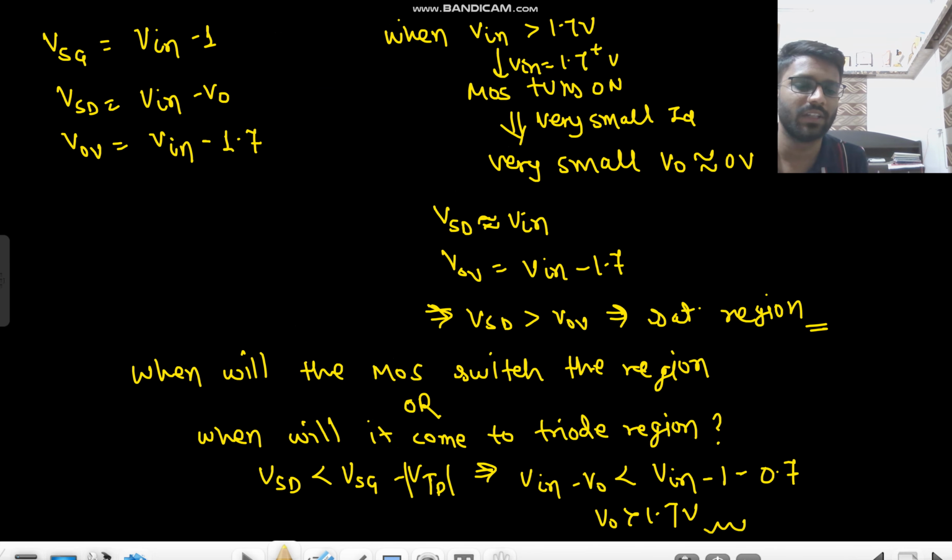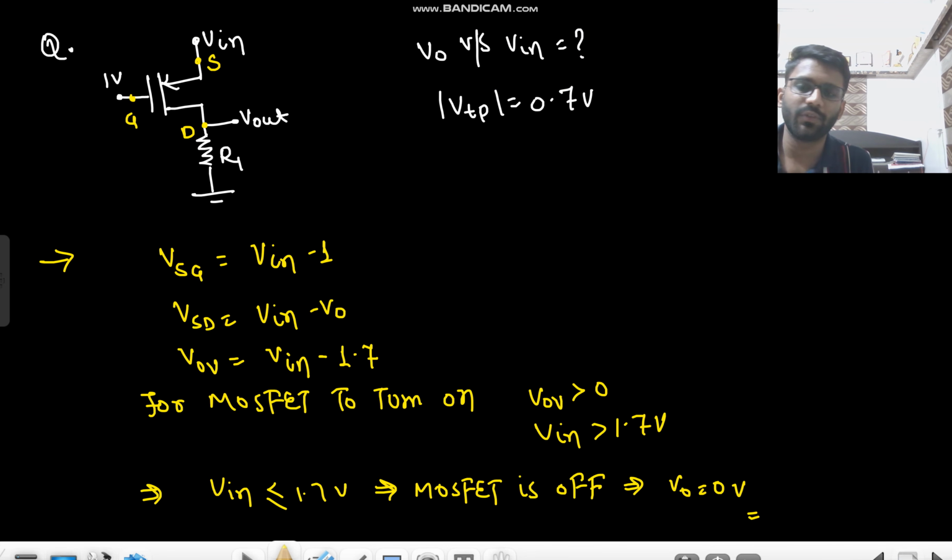Now you need to see if the current will increase or decrease. If you increase V in, your V naught will increase, but not as much as V in. V in will increase more, V naught will increase less.